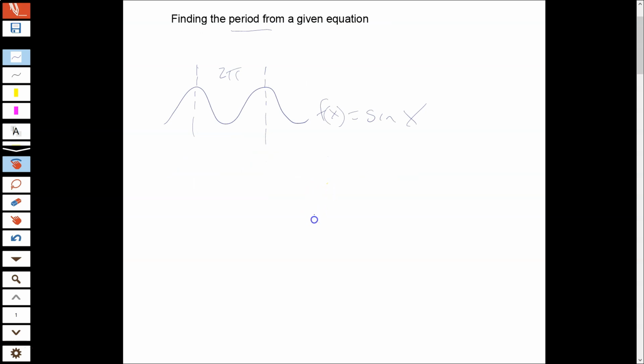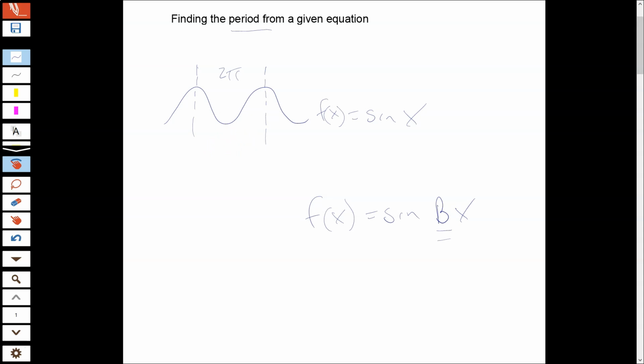So what we know is that if I have f of x equals sine of b x, and I just pick capital B because that's the variable that Delta Math uses, it doesn't really matter what you put there. That parameter b controls the period of the graph. So that is the number that will change as we stretch out the graph or compress it.